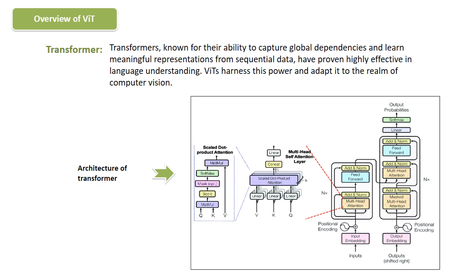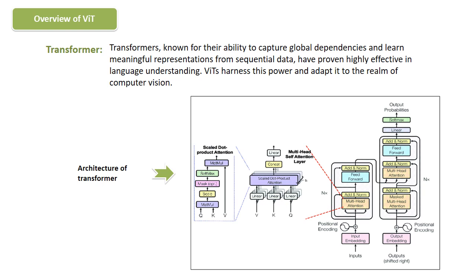Our architecture harnesses this power and adapts it to the realm of computer vision. However, this happens by replacing the convolutional layers of CNNs with a self-attention mechanism. ViT excels at capturing both local and long-range dependencies within the images, and this is the goal.